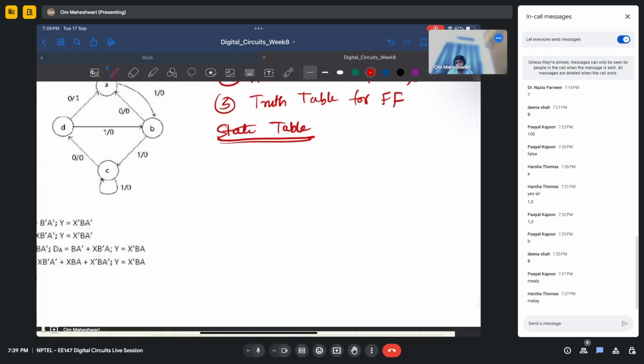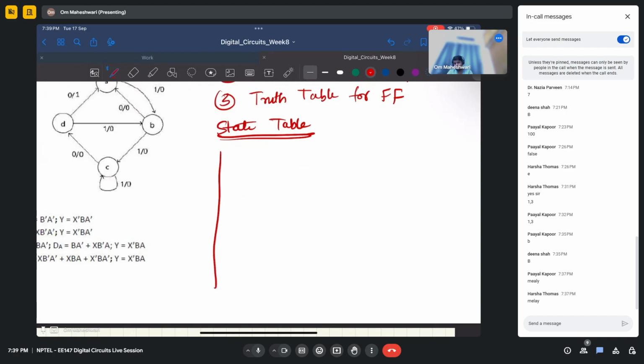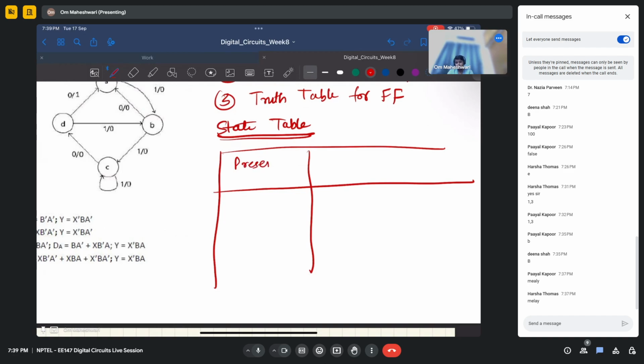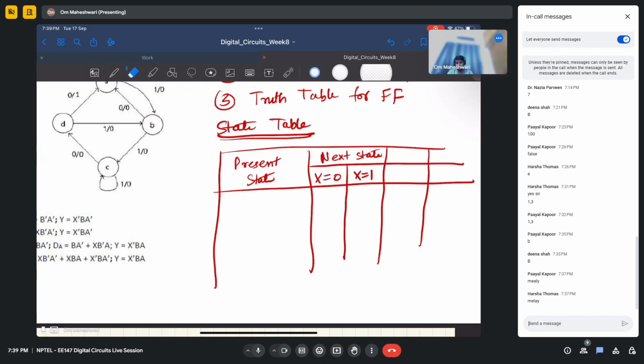Say we have present state, next state, you have inputs, let's say 0 or 1, and you have outputs, call it Y, when input is either 0 or 1.